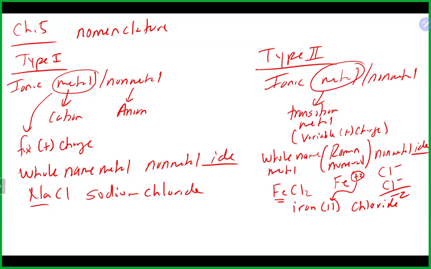We then talked about type 3 naming of compounds, and type 3 are actually covalently bonded stuff. That's between two nonmetals. And speaking of prefixes, this is where we do use the prefixes.